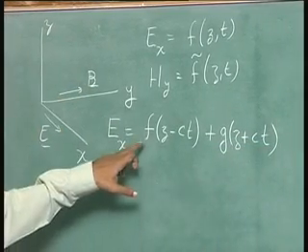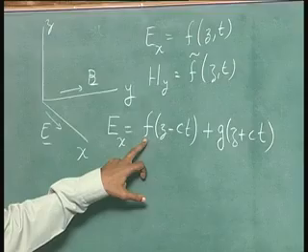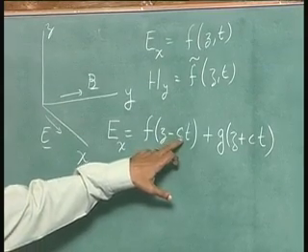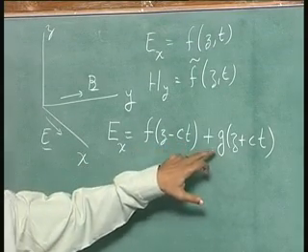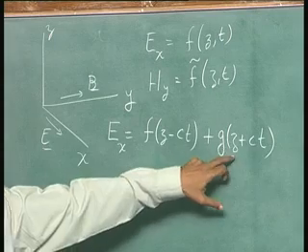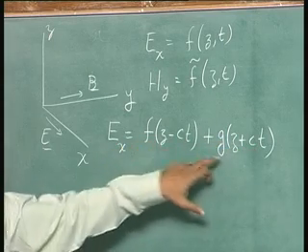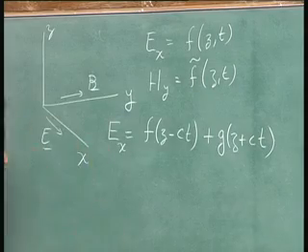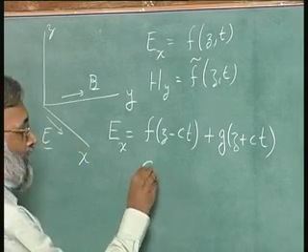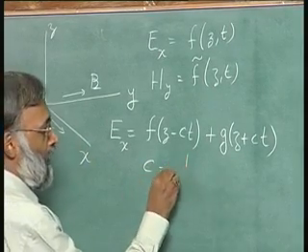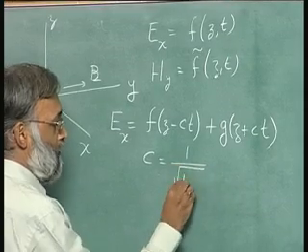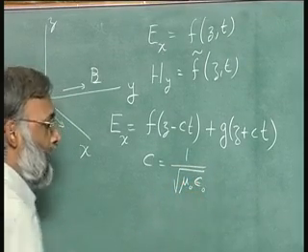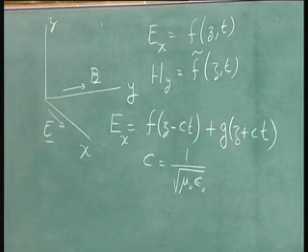It is the sum of one arbitrary function depending on z minus Ct and another arbitrary function of z plus Ct. This f and g are completely up to us, they can be anything at all, where c was equal to 1 over square root of mu naught epsilon naught. This is in vacuum.